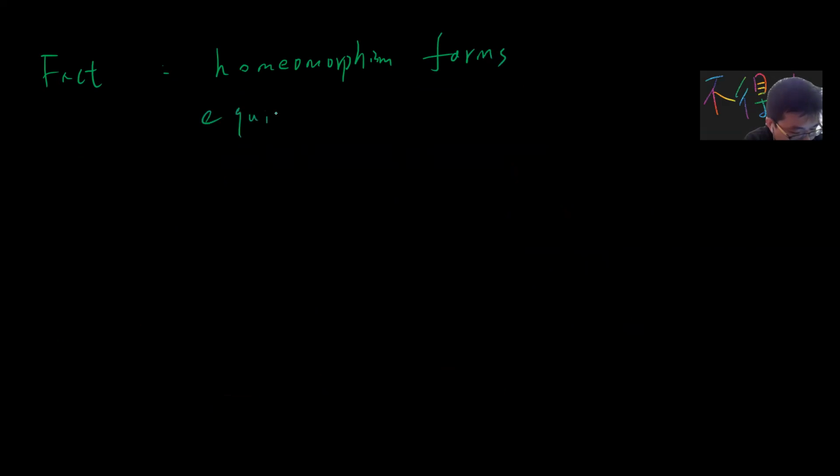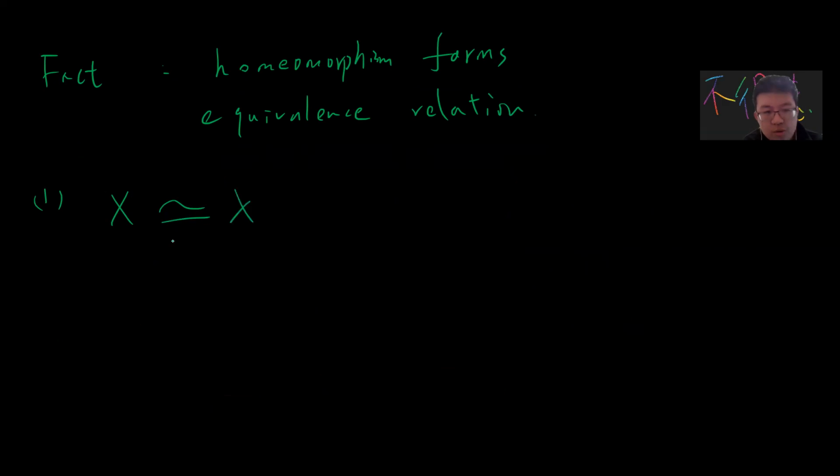This is also trivial: homeomorphism forms an equivalence relation. X is homeomorphic to X, which is trivial because you can choose f to be the identity.